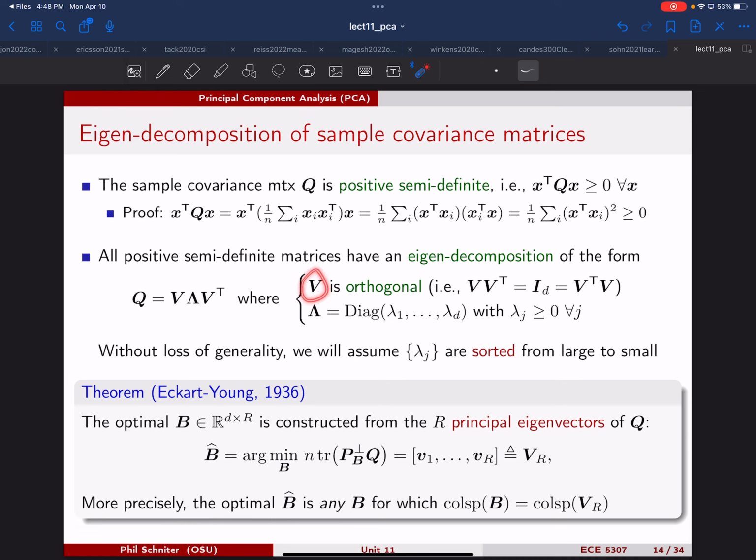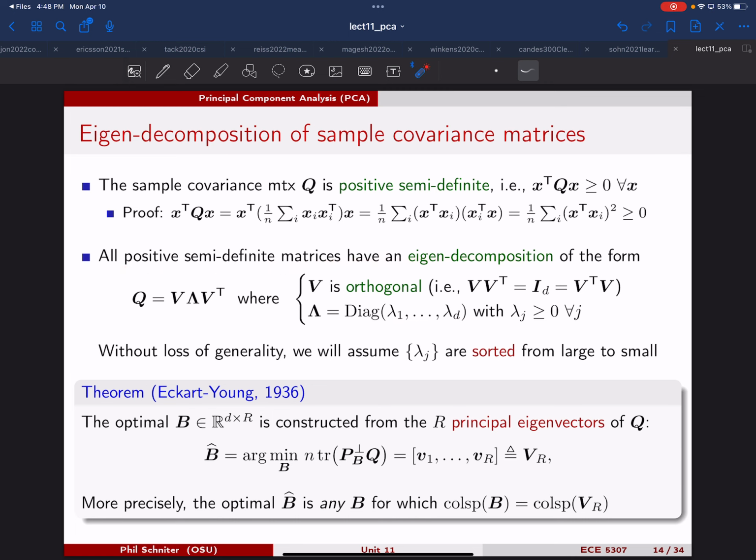V, first of all, is an orthogonal matrix. That means that all of its rows are orthogonal to all the other rows. All of its columns are orthogonal to all the other columns. They all have unit norm, rows or columns. So you have these really convenient properties. V times V transpose is I, V transpose times V is I. That's what's special about V. Then lambda is a diagonal non-negative matrix. It's a diagonal matrix where these are the elements on the diagonal, and those are all non-negative. Okay, so whenever you have a positive semi-definite matrix, you have this.